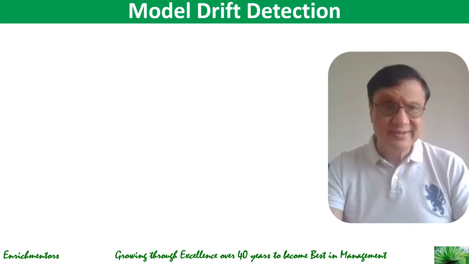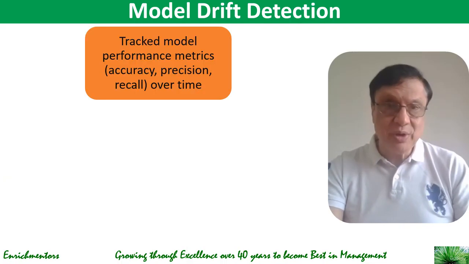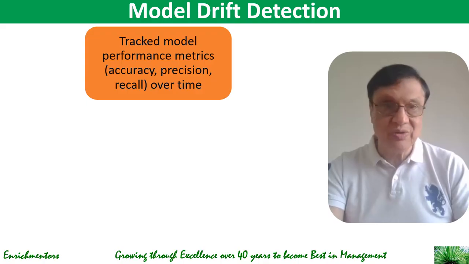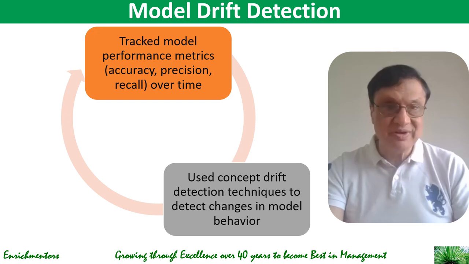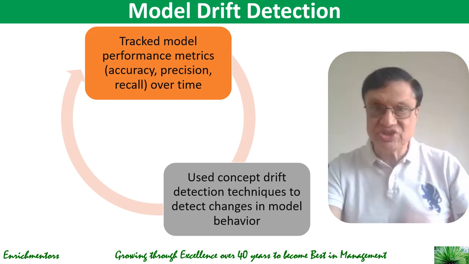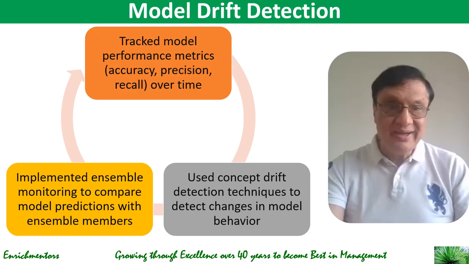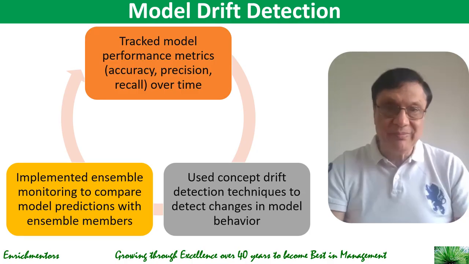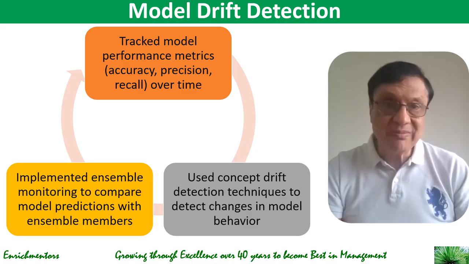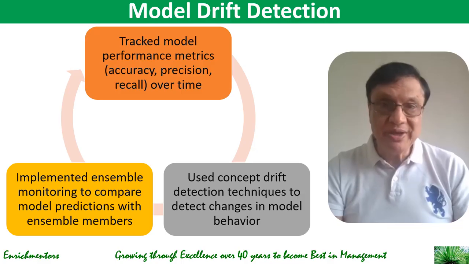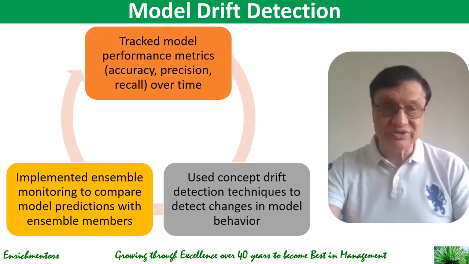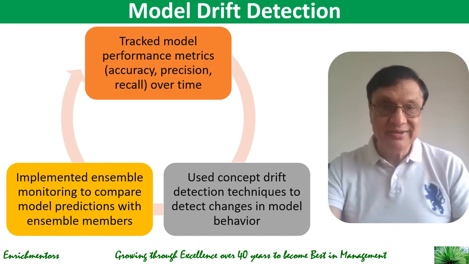They also tracked the model performance metrics like accuracy, precision, recall over a period of time, using concept drift detection techniques to detect changes in the model behavior. They implemented ensemble modeling, creating an ensemble of models with multiple members, and compared their model predictions with the ensemble members.